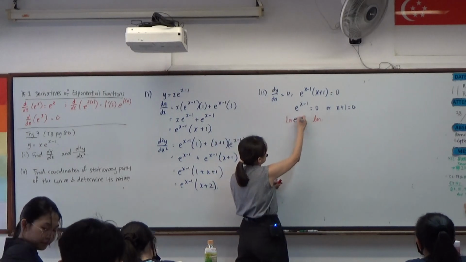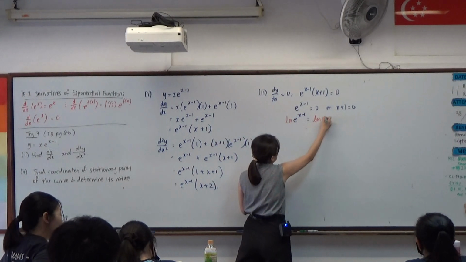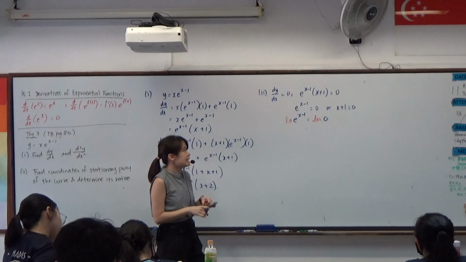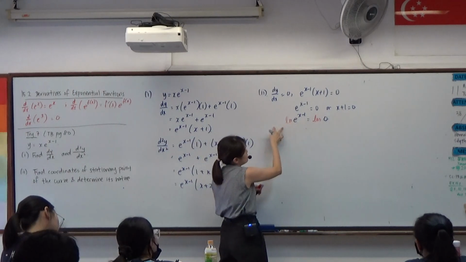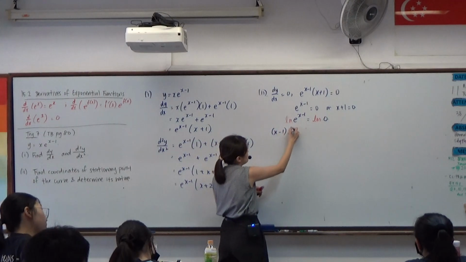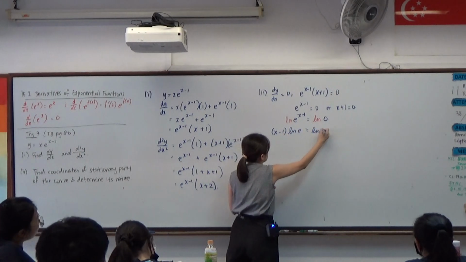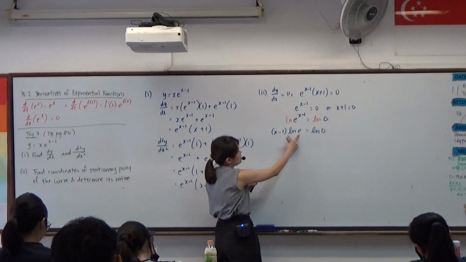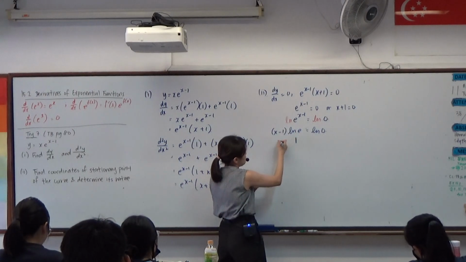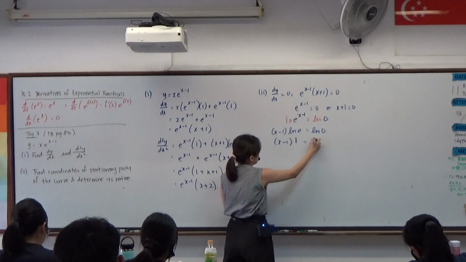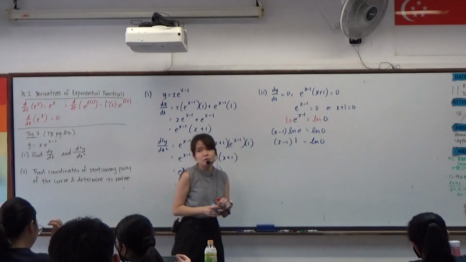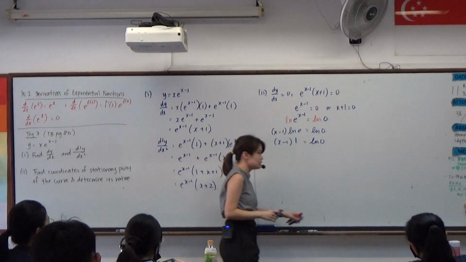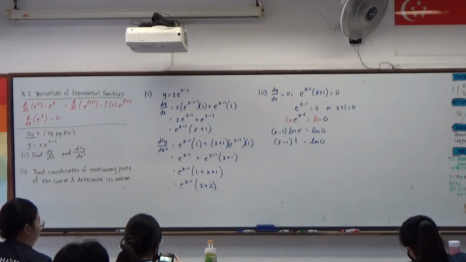So applying ln on both sides, that will mean that your power over here can come down. That is your logarithm rule. And we arrive at this. And then ln e itself will actually be 1.